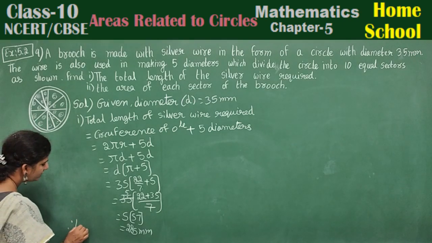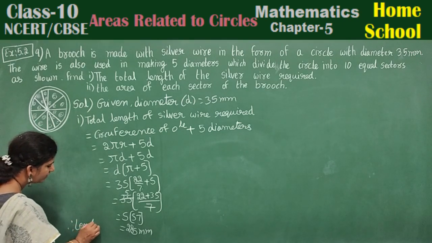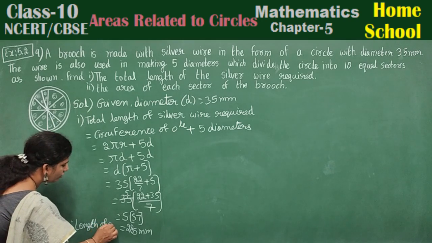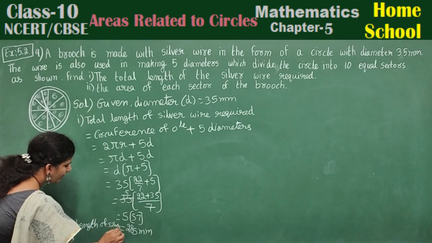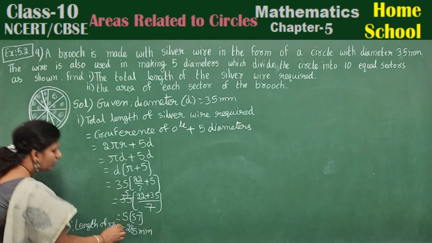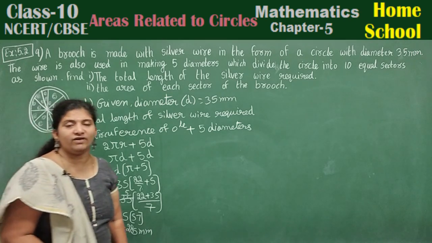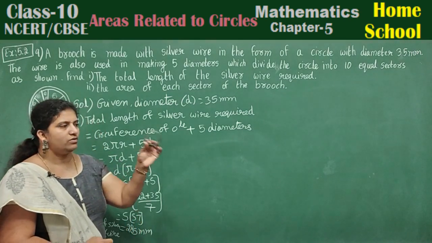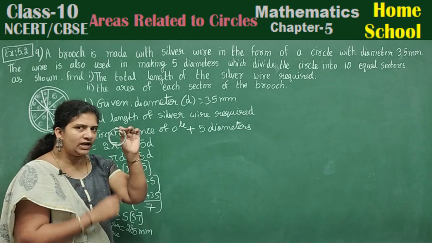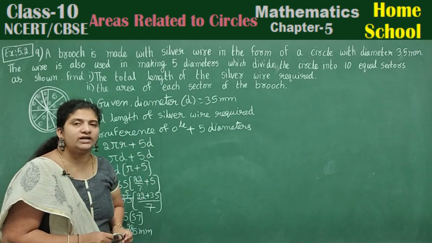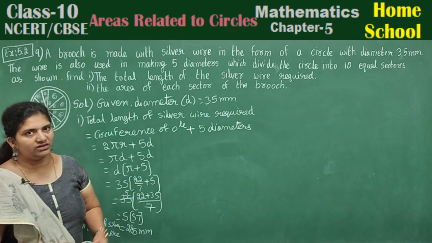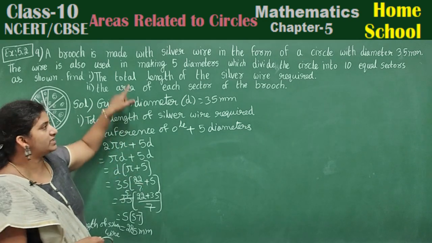Therefore, the total length of silver wire is equal to 285 millimeters. What is the total length of the silver wire? 285 millimeters. This ends your first sub-question.